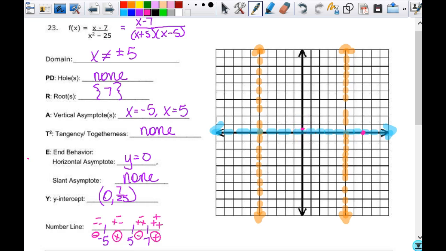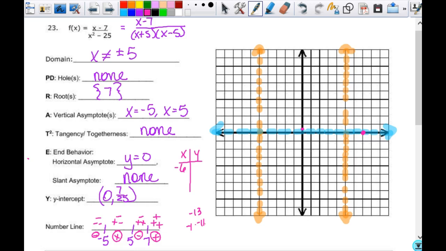I don't have anything on the left-hand side over here, but I can substitute in maybe a negative 6 and see what happens. So do my x and y, negative 6, so that's going to give me a negative 13, and then negative 1 times negative 11, so it's kind of yucky.